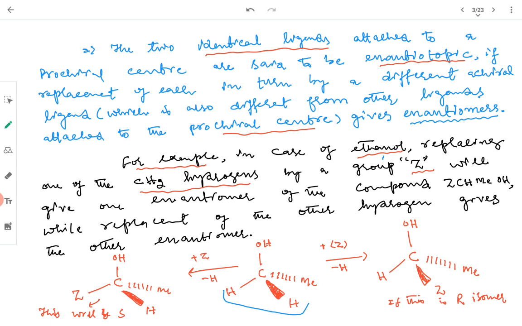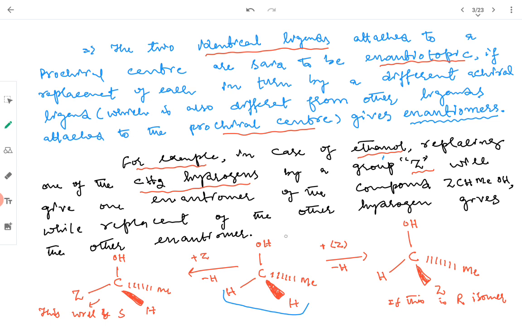So we will say that the CH2 hydrogens in ethanol are enantiotopic. We will call them enantiotopic hydrogens. Why? Because their replacement by any group Z, one by one, gives enantiomers.